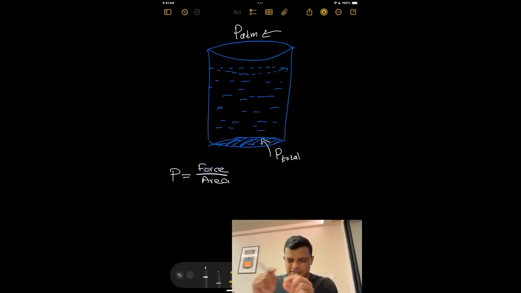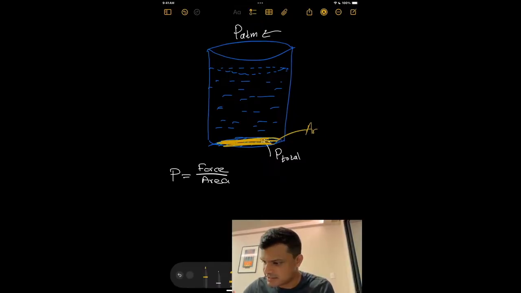If you just imagine you're really tiny, you go down at the bottom of the container, what's pushing you down is the weight of the water. So that's the force acting over what area? Well, the area of the container at the very bottom. That is the area that we're dividing by. This force over area is really the weight of the water divided by that area.